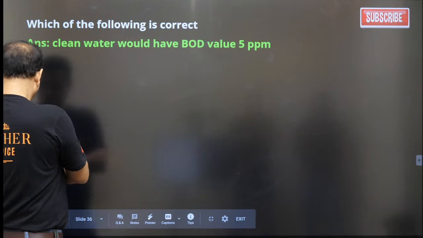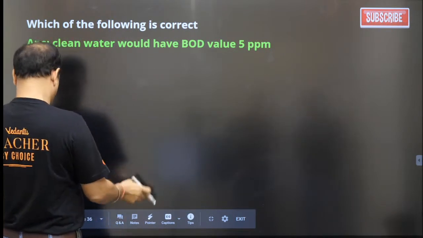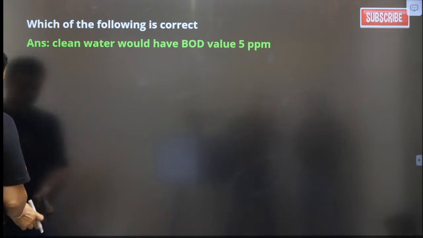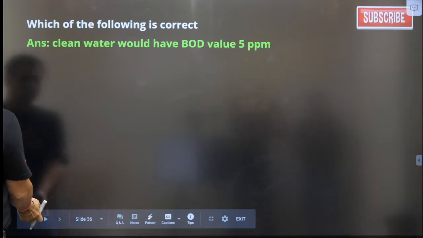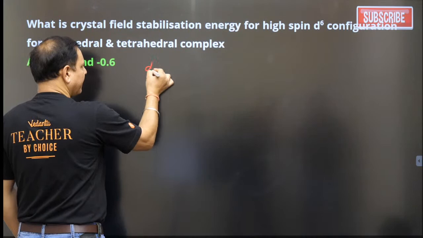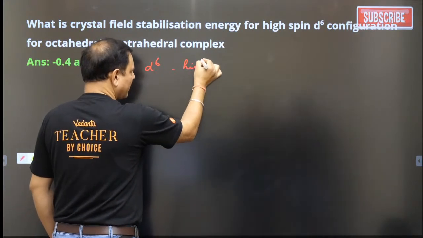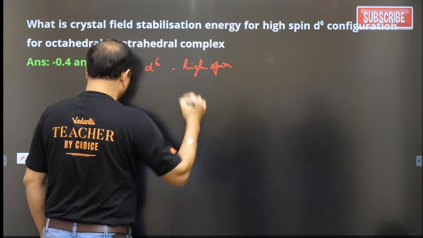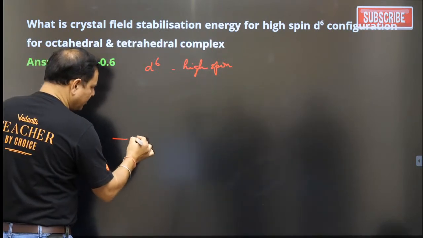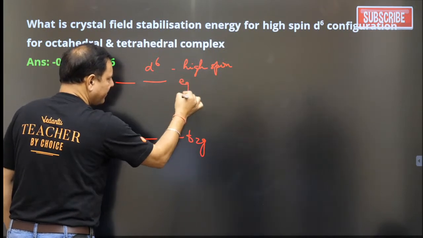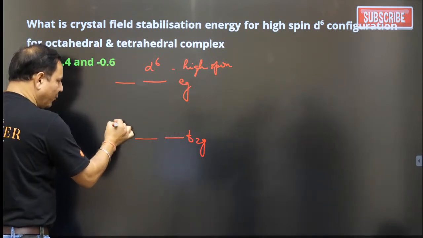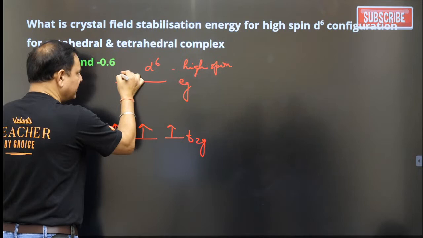What is the crystal field stabilization energy for a high spin d6 configuration for octahedral and tetrahedral complexes? D6 high spin means a weak field complex. In an octahedral field, the splitting will be like this.